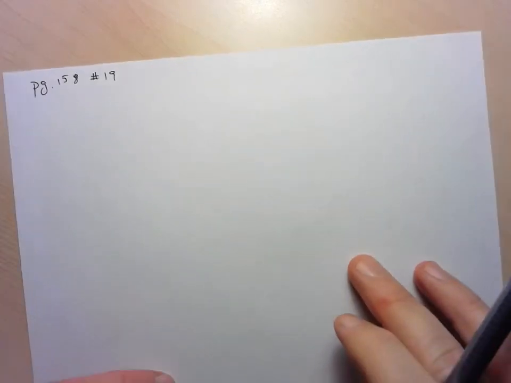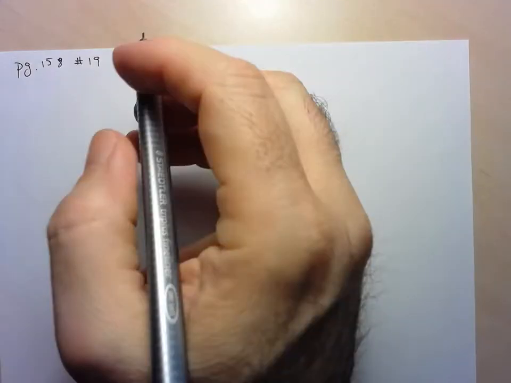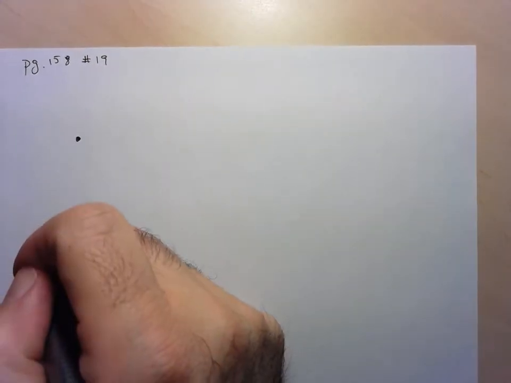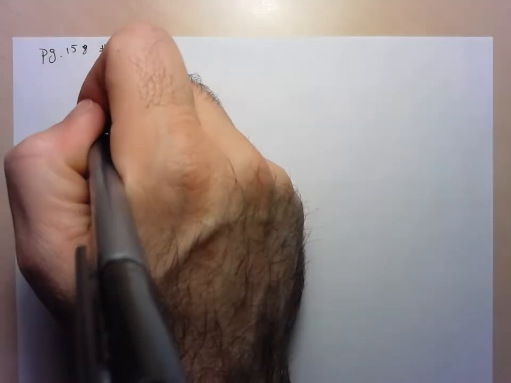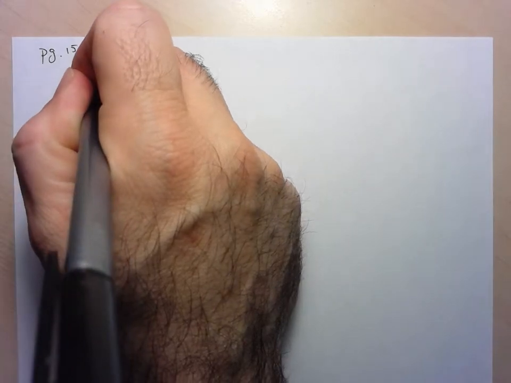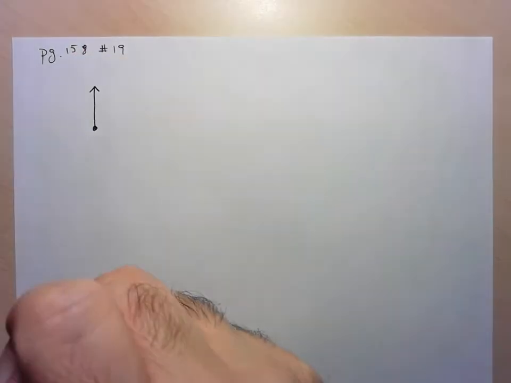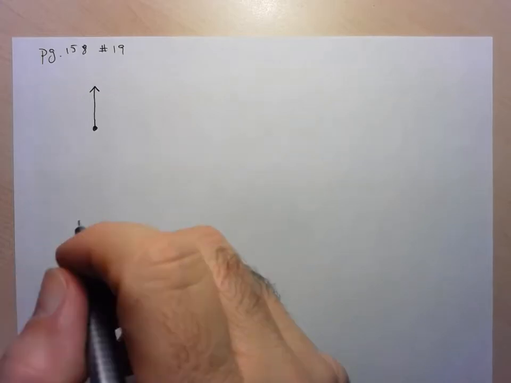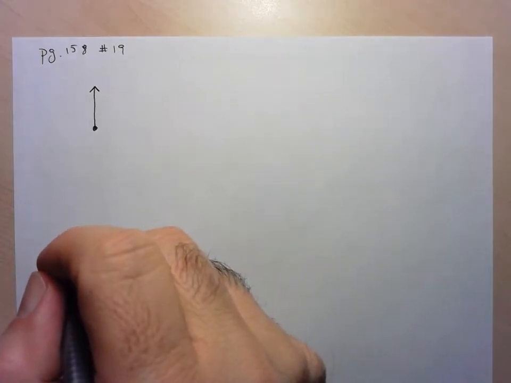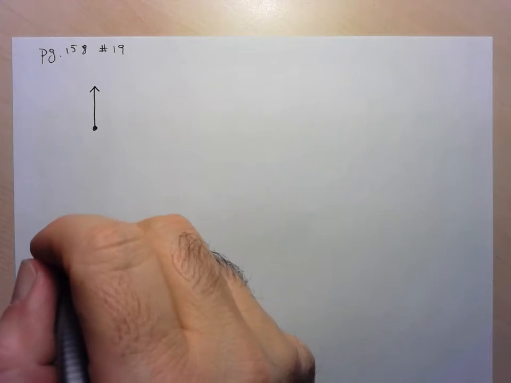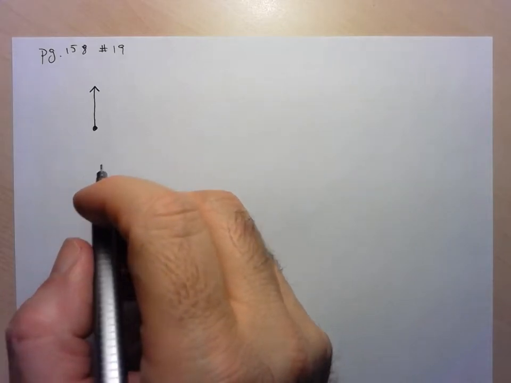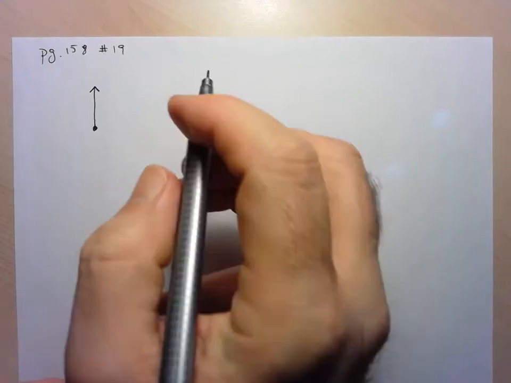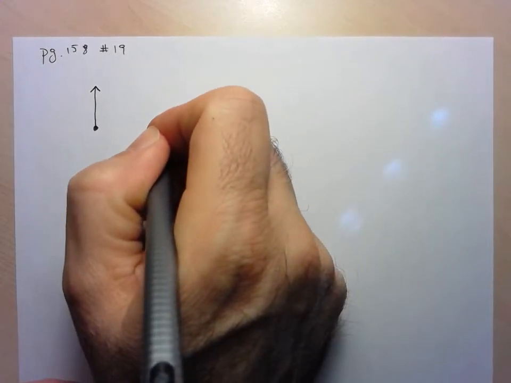If we say this point represents the station, we have one vehicle traveling north. Let's use this arrow to represent the distance it's traveled in some amount of time. And then you have another train that's moving due west. It's starting somewhere here, east of the station, and moving due west.